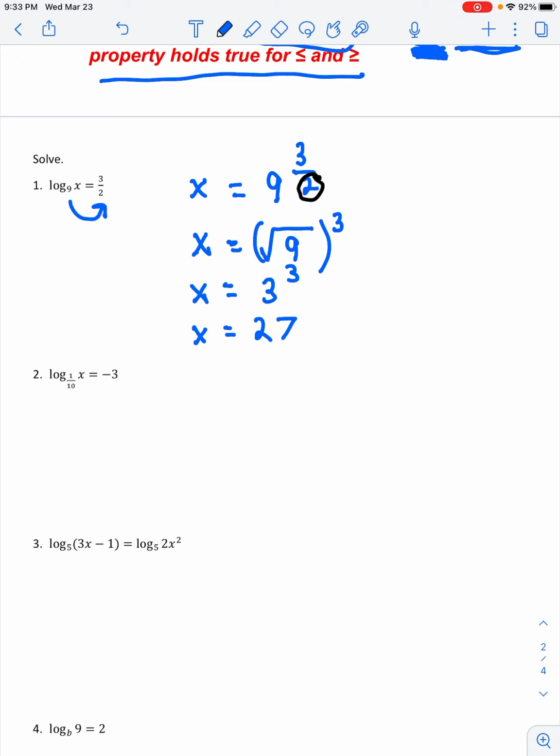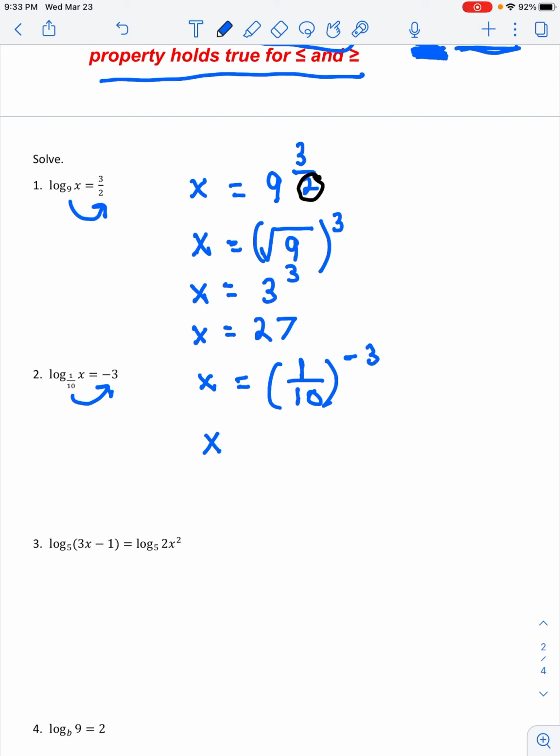In similarity to number 1, we have log base 1/10 of x equals negative 3. Again, exponential form is something we can use here. We're going to say the argument x equals the base 1/10 raised to the negative third.